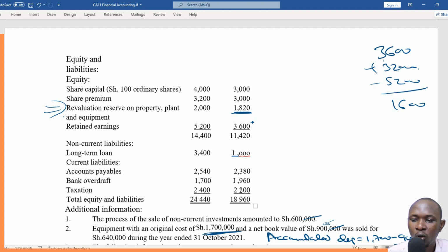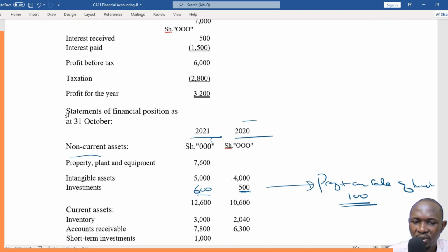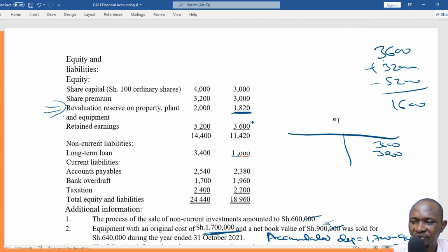If the question will not have given us that figure, we'll simply have 3.6 plus 3.2, of course. That is the balance here, P&L 3.2, and then we'll have 5.2 as the balance carried down.